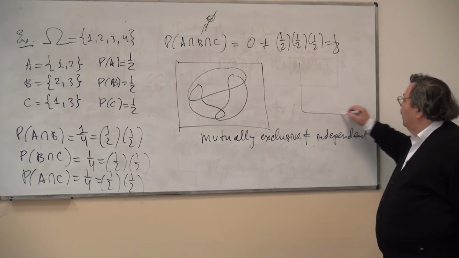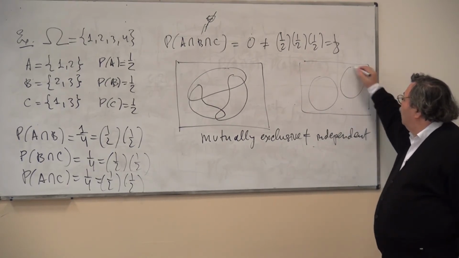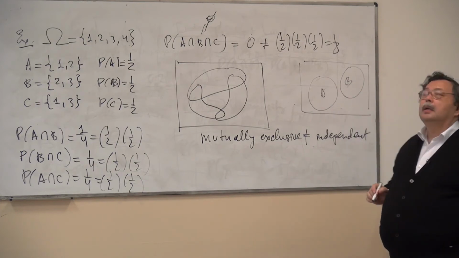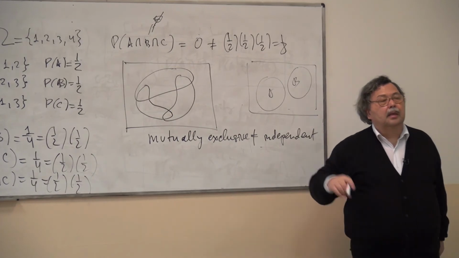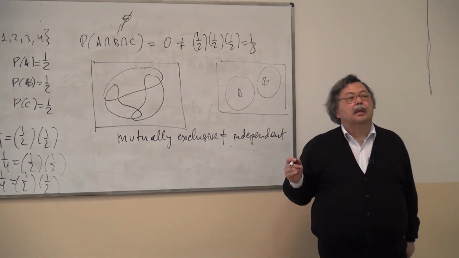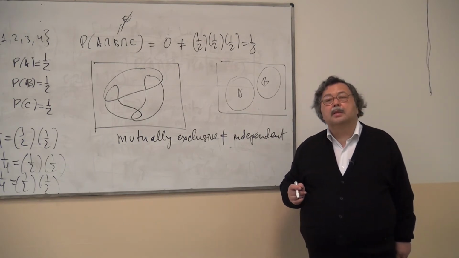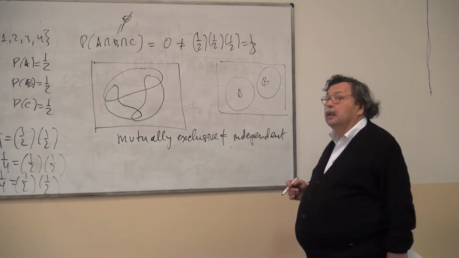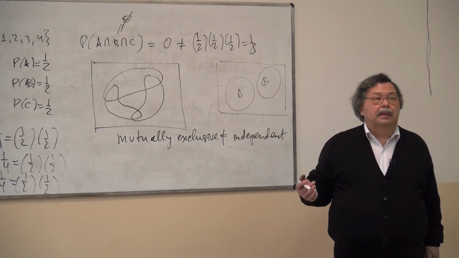Again, let's illustrate it by a Venn diagram. These are two mutually exclusive events. They have no points in common. Question, are they independent or not? No. The answer is no. They are not independent. How are they dependent?